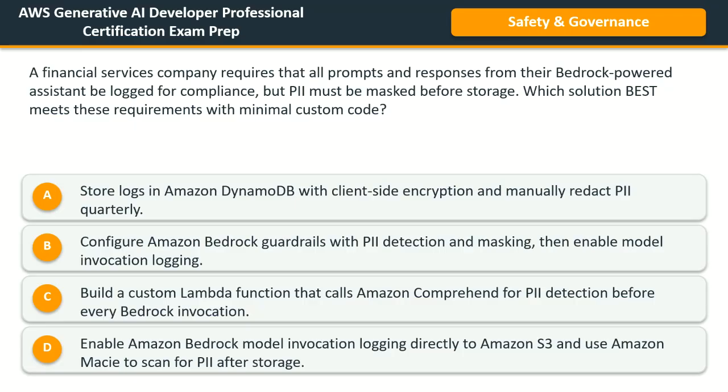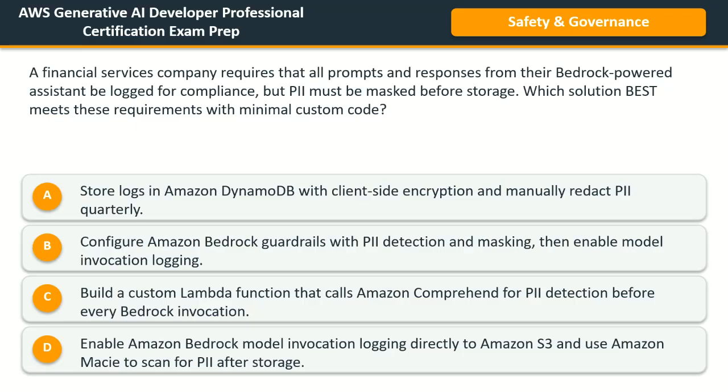Why are the others incorrect? A is an automatic compliance violation. PII exists unmasked for months. C technically works, but the question explicitly says minimal custom code. Guardrails are managed, Lambda is not.